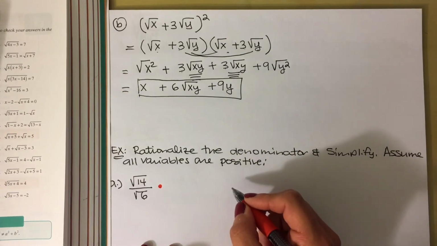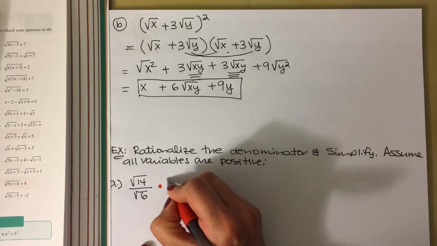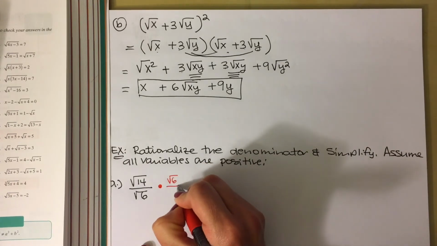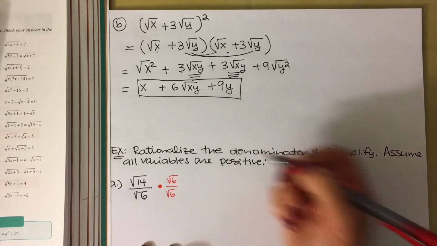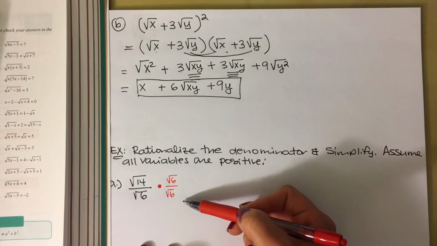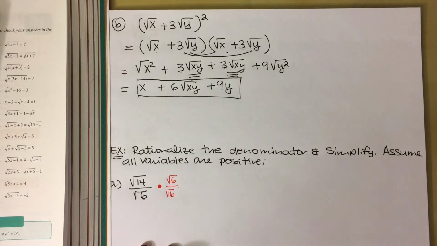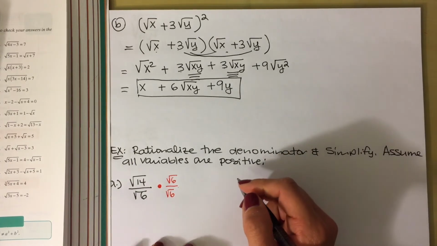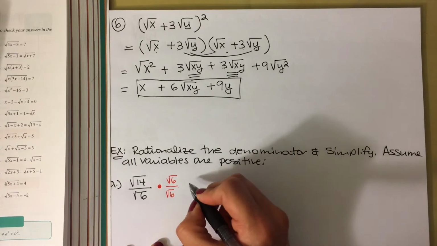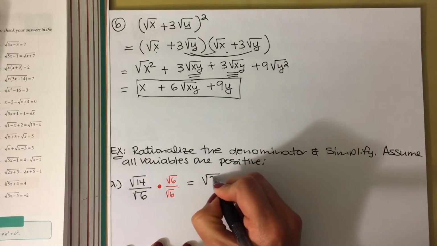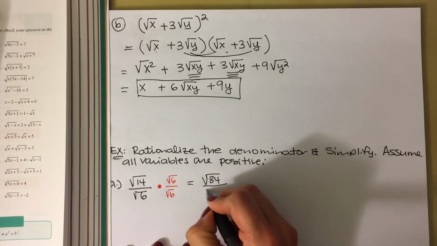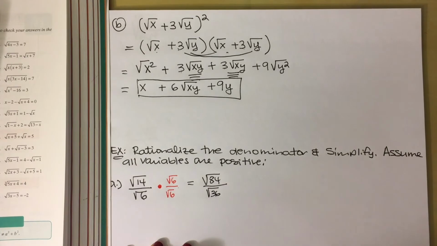What happens if you multiply what you're given by square root of 6 over square root of 6? This is just equal to 1, and 1 times anything doesn't change the value. Let's see what happens. We're going to get square root of 84 over square root of 36.